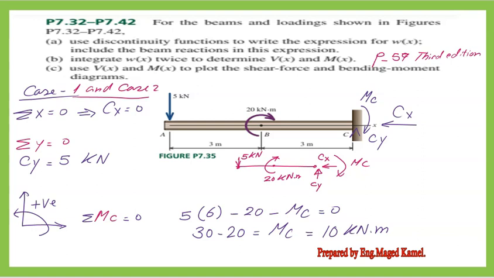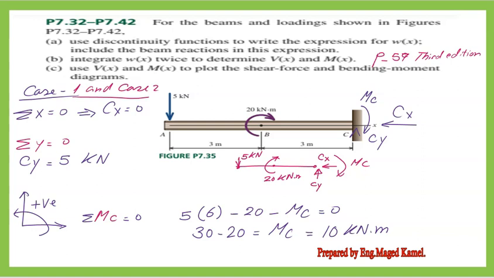We take the sum of moments of all forces about the right support C, then we consider the anti-clockwise direction as positive. We have 5 multiplied by its arm, which is 6 meters, minus 20, because it is in the clockwise direction.